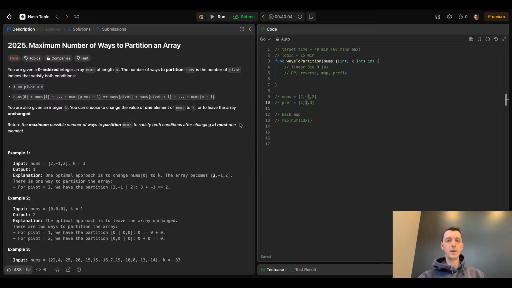Yeah, if we change that to 3, how will it change the prefix sum?